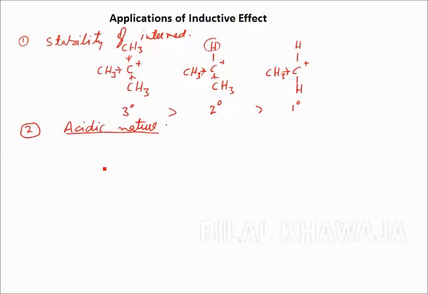Let's take an example here. Say for example we have formic acid and acetic acid, a very common example. This is acetic acid and the formic acid is this one, correct?